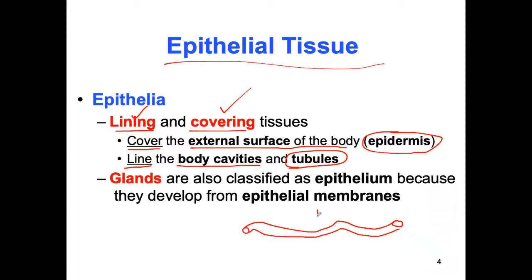Whether this is a blood vessel, whether the tubing is part of the gastrointestinal tract, the GI tract, whether it's part of the reproductive tract, the respiratory tract, right? The digestive tract, the esophagus is a tube, the small intestine is a tube, the large intestine is a tube, the ureters are a tube, the urethra is a tube.